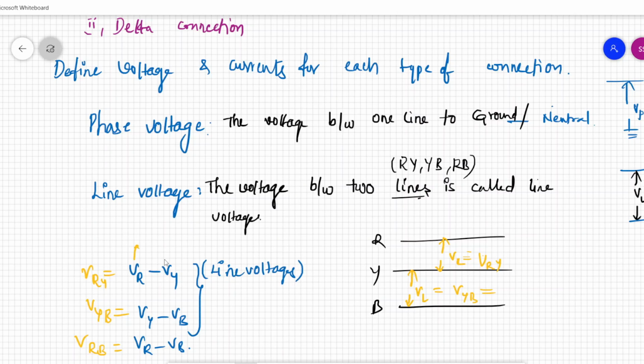VR is one phase voltage, VY is another phase voltage, VB is another phase voltage. So phase voltage is nothing but voltage between one line and ground, but line voltage is voltage between two lines. So this is phase and line voltage.